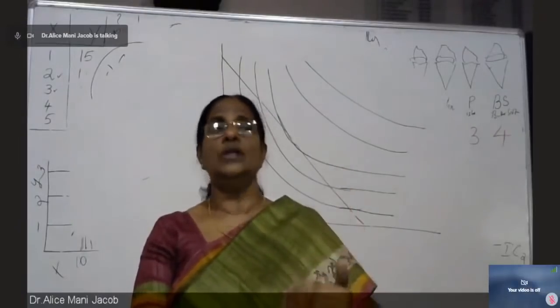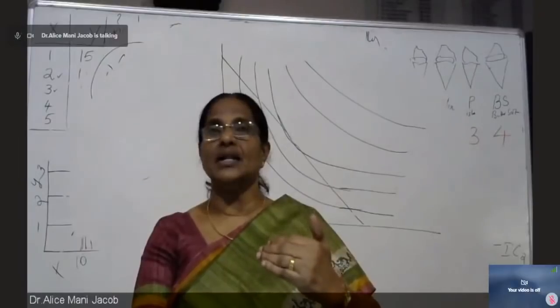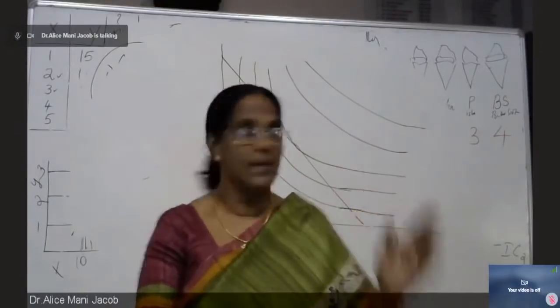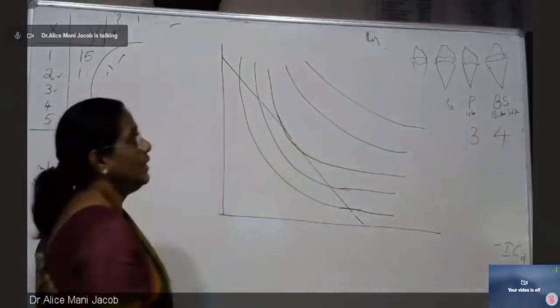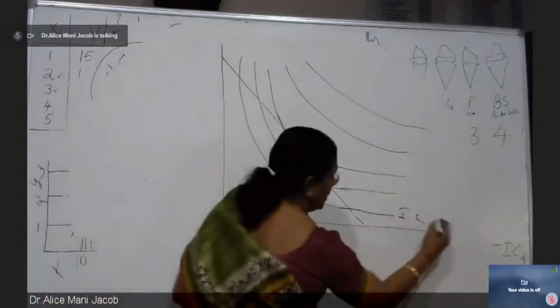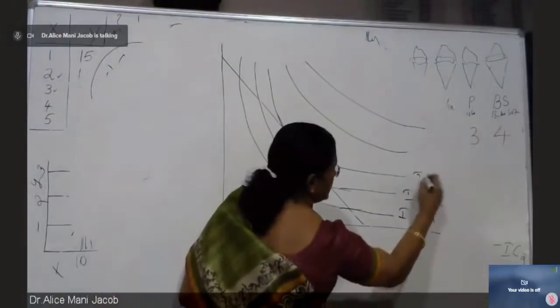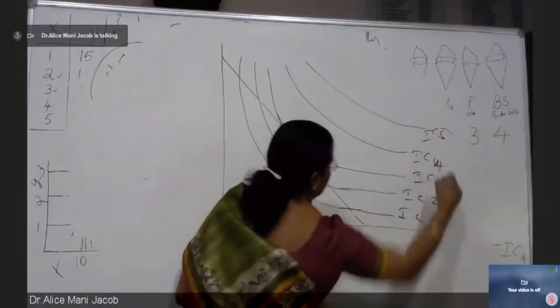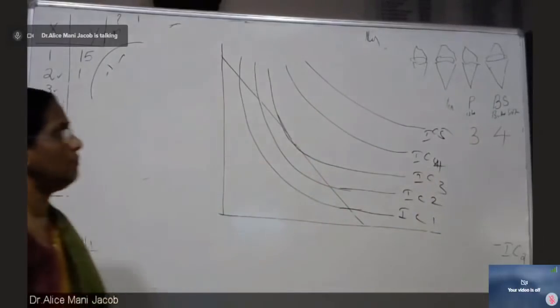Please note it down, indifference curves will be parallel only if the marginal rates of substitution are the same. So there is nothing wrong. I have drawn here IC1, IC2, IC3, IC4 and IC5. They need not be parallel.